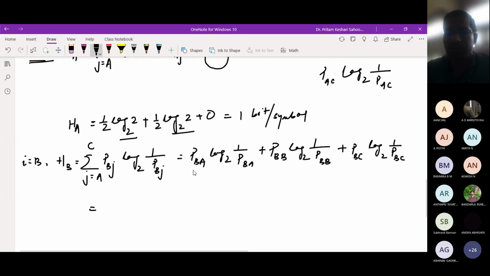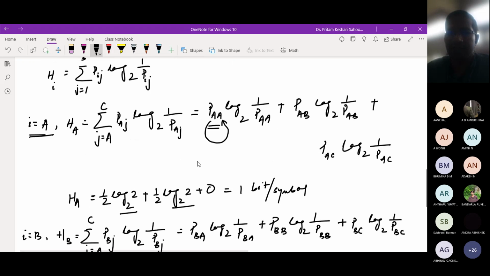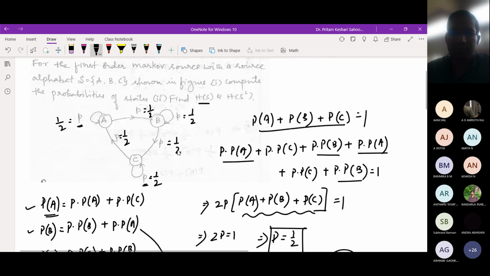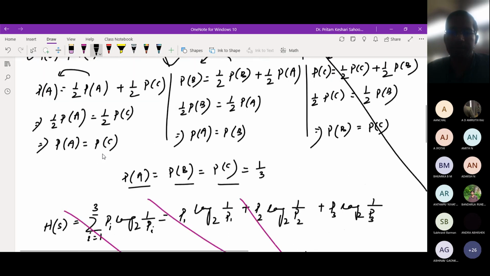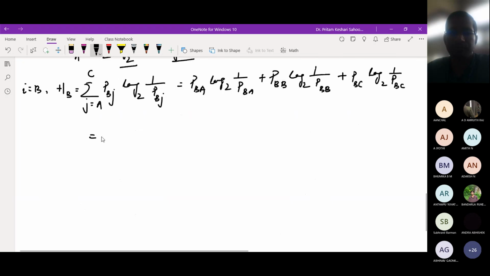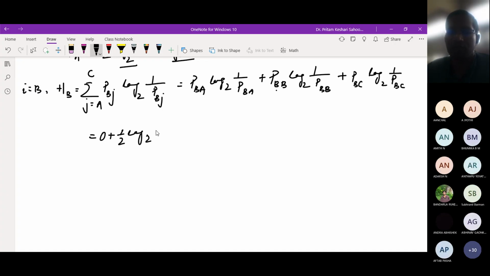That is the probability that state B depends on state A. In this diagram, this is state B. What is the probability that it depends on state A? There is no probability. A depends on B, but B does not depend on A. So that will be 0. Probability that B depends on itself is 1 by 2, so it will be log base 2, plus B depends on C. Probability that state B depends on state C?